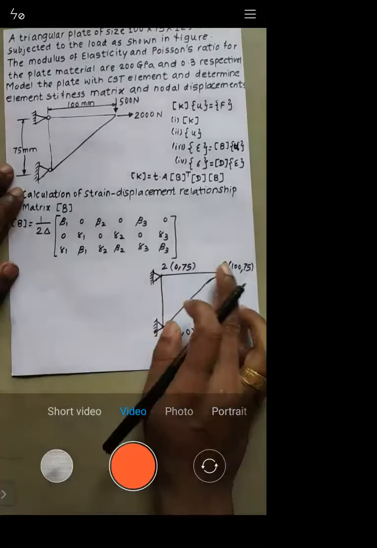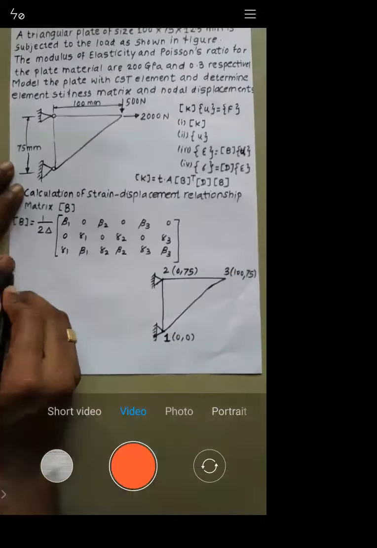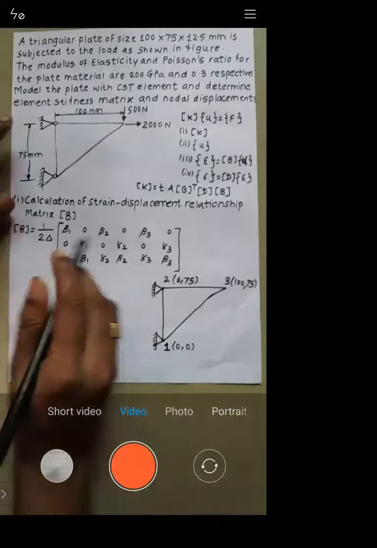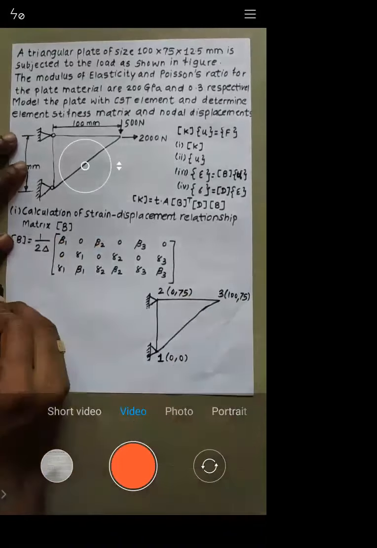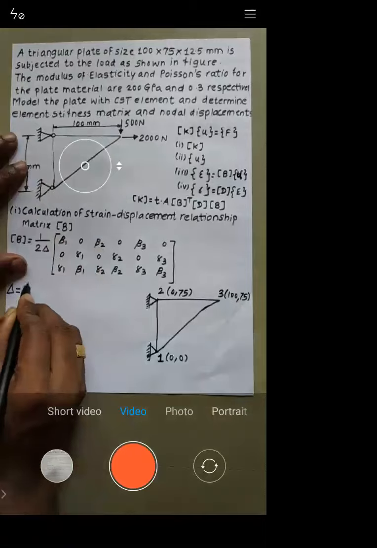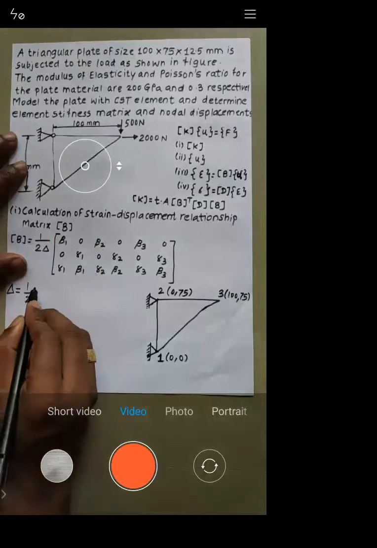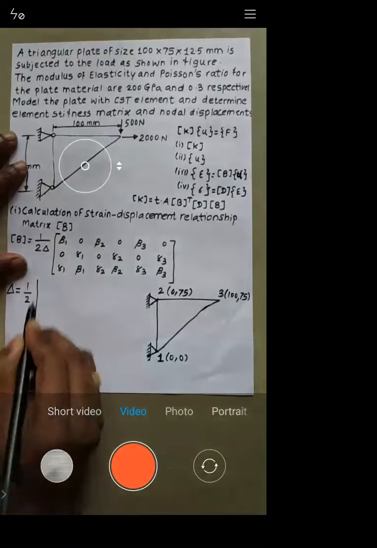Now let's start with the calculation of the area, which is indicated by delta. The formula for delta is half into the mod of A. What is mod of A?